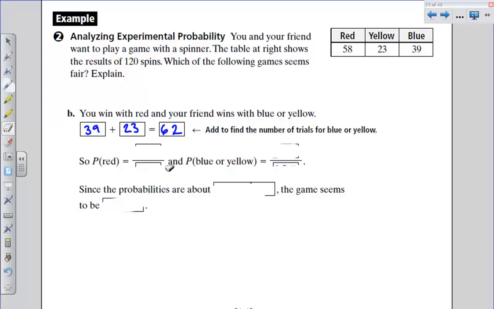So the probability of blue or yellow is going to be 62 out of 120. The probability of red is going to be 58 out of 120. Since these probabilities are about equal, 58, 62, close, then our game seems to be fair.